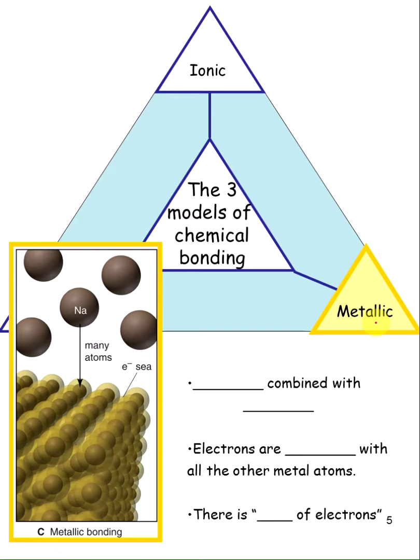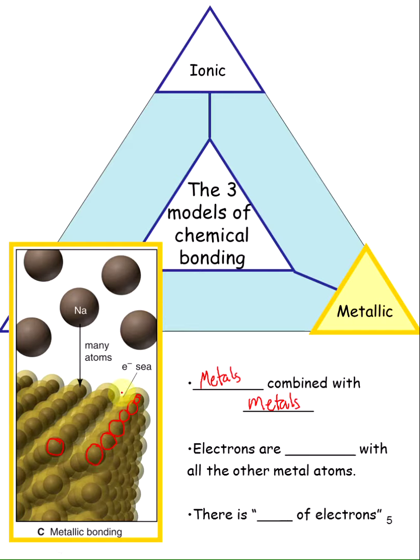And then with the metallic bonding, this is metals combined with metals. So here we have the representation of sodium, so sodium metal, and here we have each of those sodium ions, and notice that they're all nice and neatly packed, just like we had with the ionic material, but this time we don't have cations and anions in there.